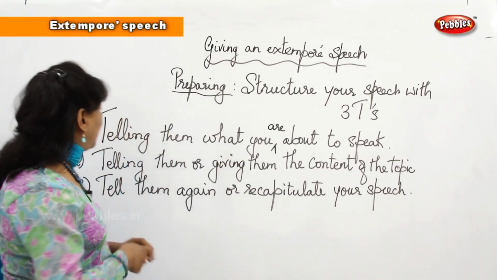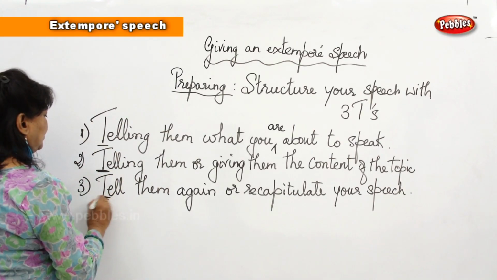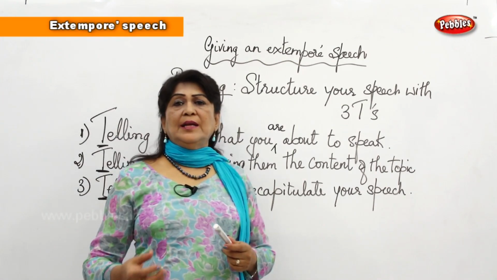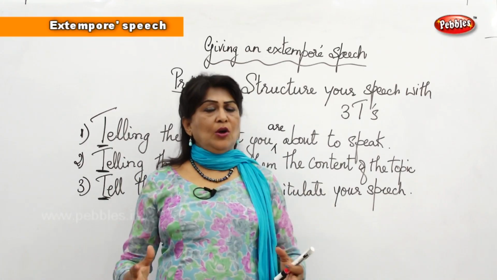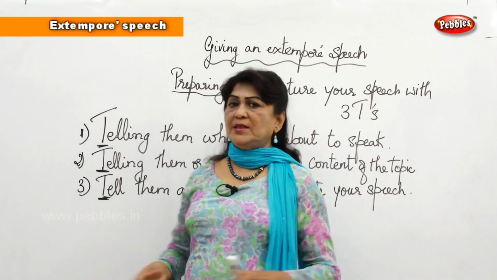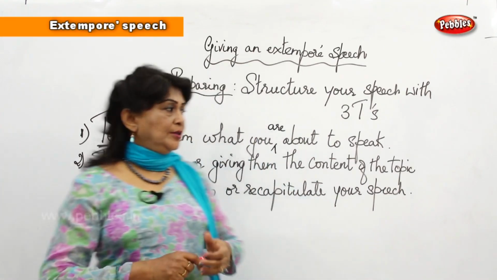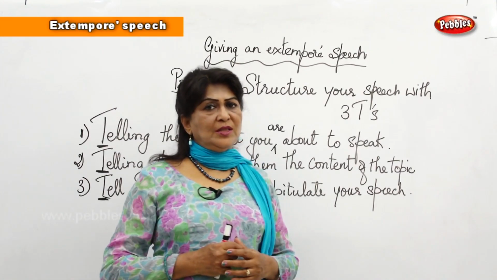So, these 3 T's are very, very important. Okay. Telling them what you are about to speak. Second one, telling them or giving them the full content, and the third point is telling them again, that is repeating the main points or recapitulating the main points of your speech.